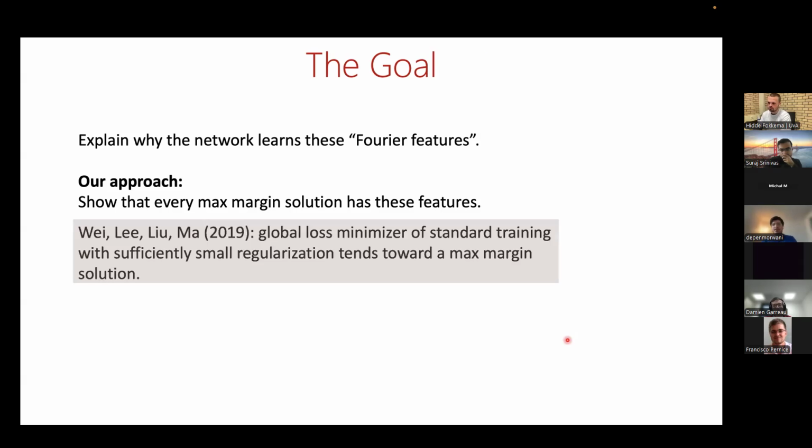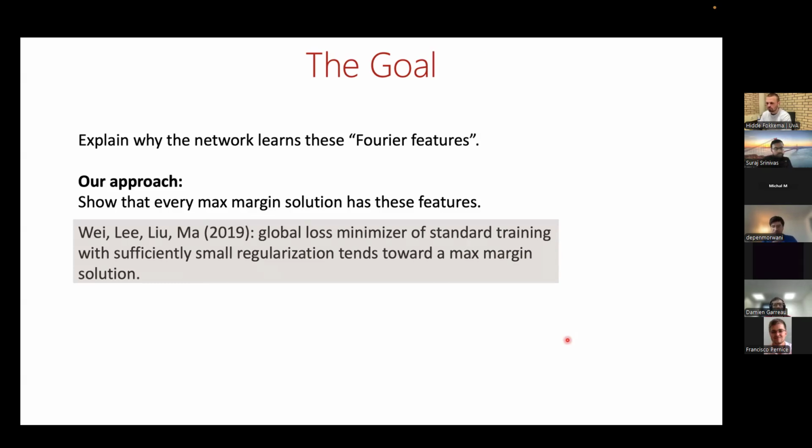The way this connects to gradient descent is that we can theoretically show that for the network which we have, if we use a very small regularization on the correct norm which we want, then the global minimizers will converge towards the max margin solution.